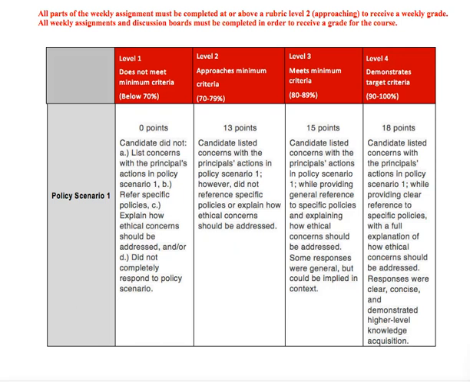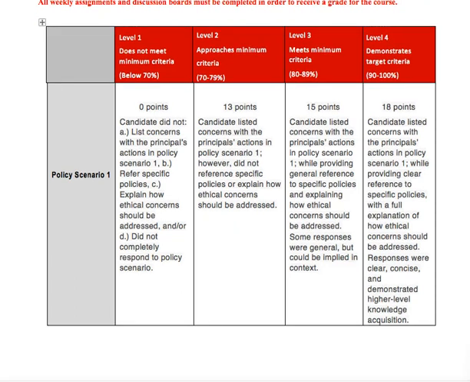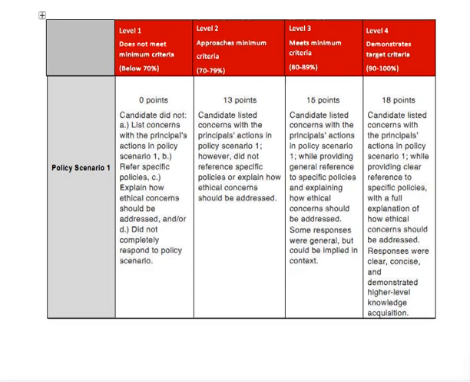So really make sure that you look at the difference between level 3 and level 4. Level 4 says with a full explanation. So really be detailed about your explanation and make sure your responses are clear and demonstrate a high level of knowledge, and that's going to come from reading and watching your videos. So please make sure that you do that.